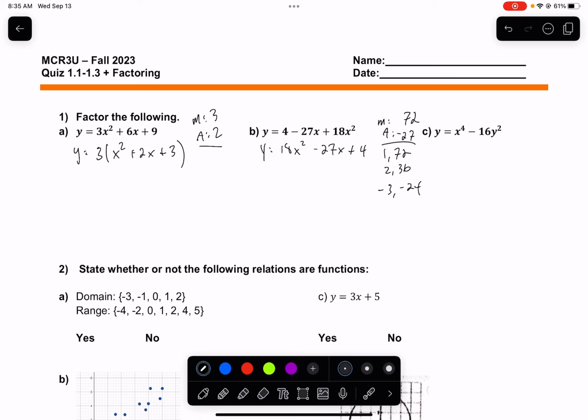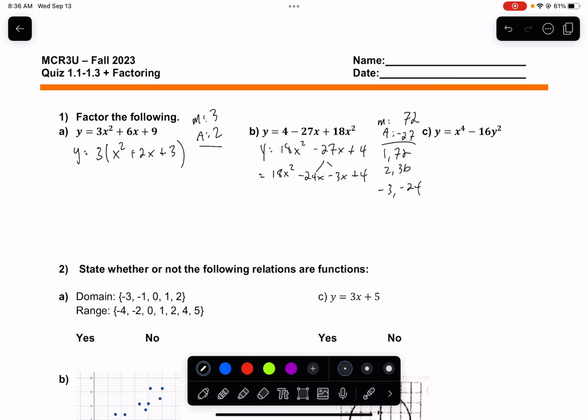Okay? And then decompose the middle term. Okay, so we're going to get... Is everybody okay? Does it matter how I group those two middle terms?